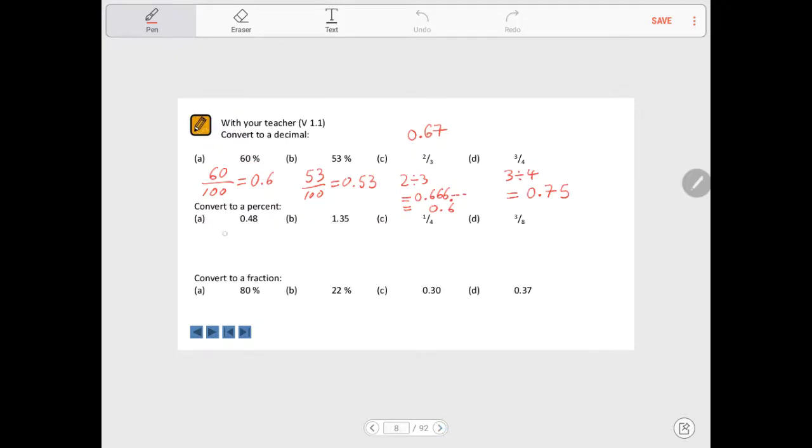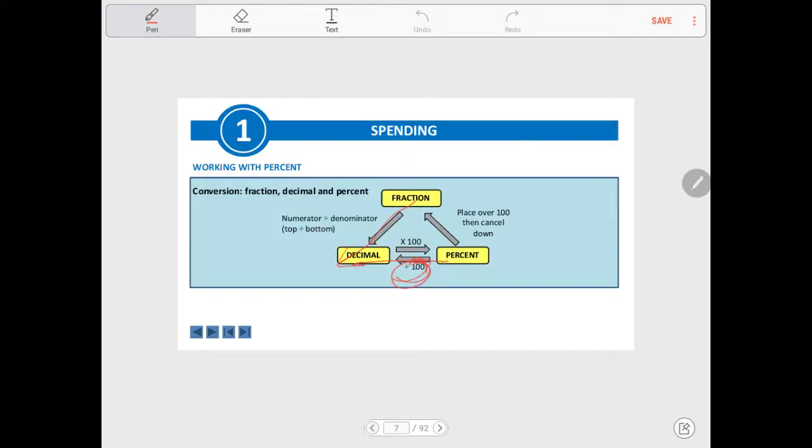Okay, let's convert 2 decimals and 2 fractions to a percent. So decimals to percent goes this way. Sorry, my tablet's just a bit funny, so we multiply by 100 this time.